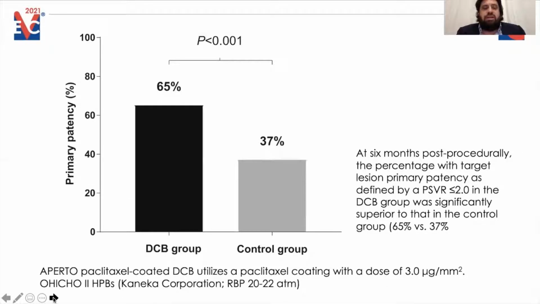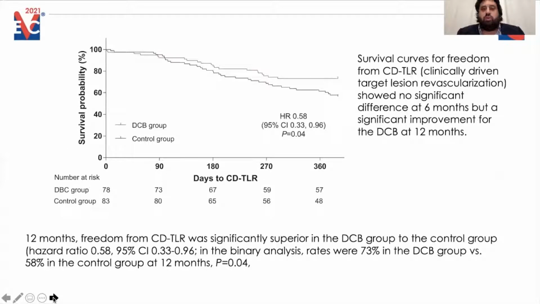The primary endpoint was achieved at 6 months with statistical significance: primary patency of the target lesion was 65% in the DCB group compared to 37% in the high-pressure balloon group.